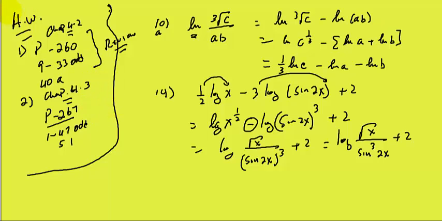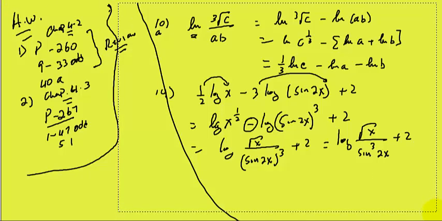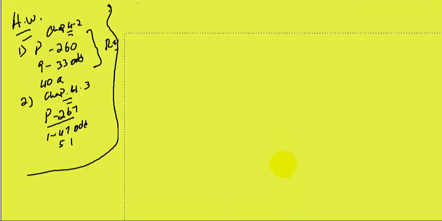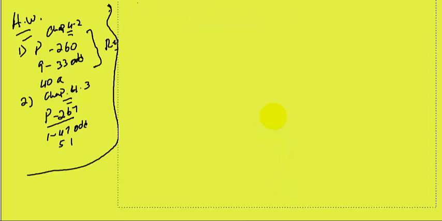Okay, that's 2 of these problems, so let's do a few more before we leave this section and actually get to the calculus, which is taking a derivative. Okay. Now, the next one I'd like to do is number 18.